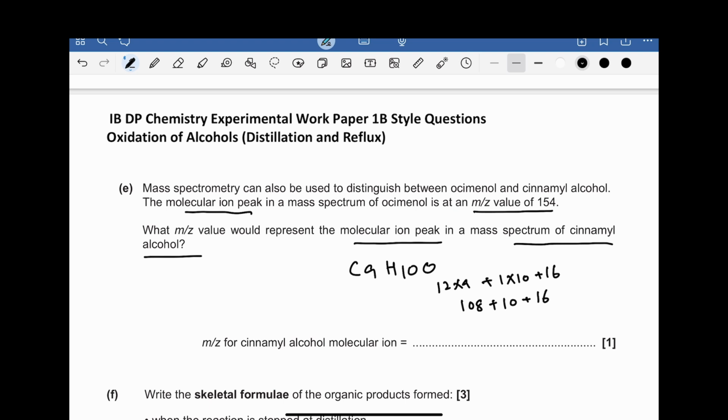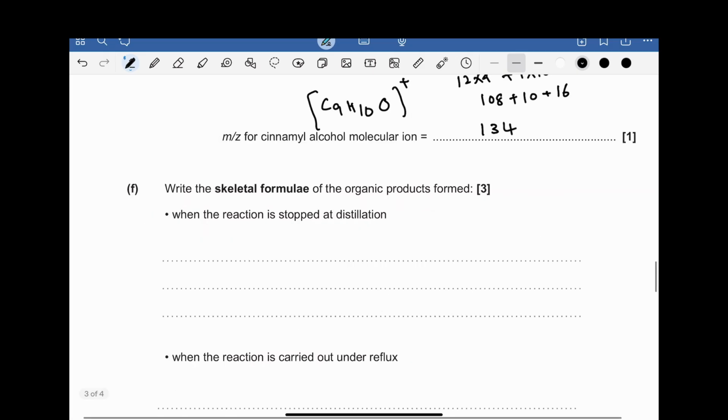So we will have the m/z molecular ion peak at 134, and the ion produced will be C9H10O positive.